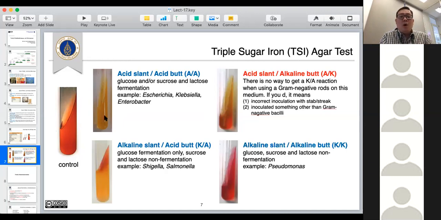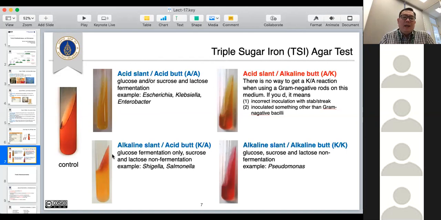That means glucose, sucrose and lactose were fermented and generated so much acid, and that acid changes the phenol red indicator to yellow, in aerobic and anaerobic conditions. Okay, this is very good for facultative and aerobic bacteria.